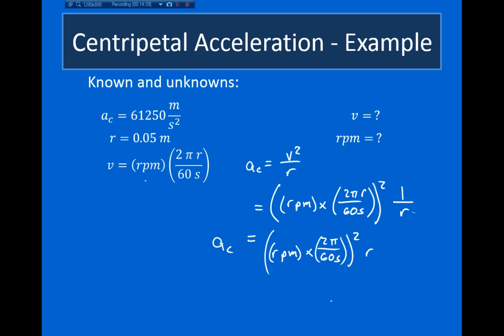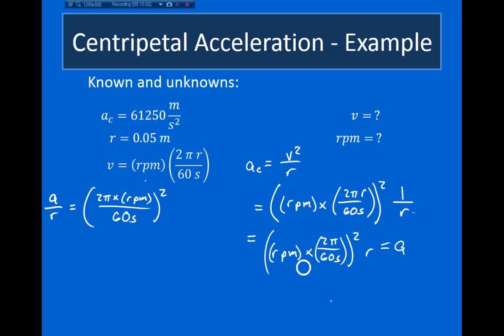So now if I'm trying to solve for my RPMs, the first thing I want to do is divide r over to this side. So I have a over r is equal to 2 pi times my RPMs over 60 seconds, and I still got this whole thing squared.